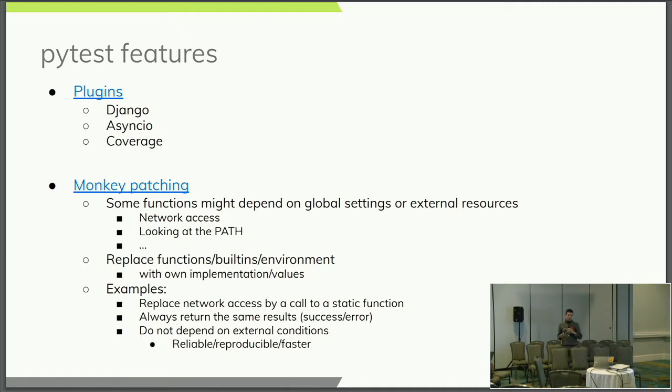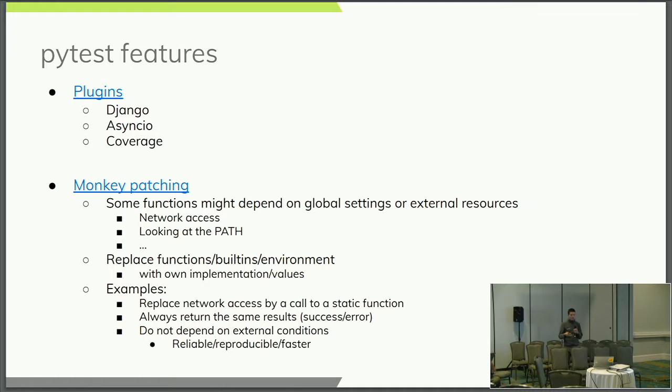For those who don't know what monkey patching or mocking is, let's say you have a project that is doing a lot of network connections. When you do your unit test, you don't want to depend on having a server running somewhere. It's never really a good idea to require a network connection to run tests.